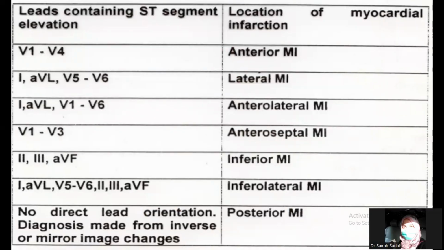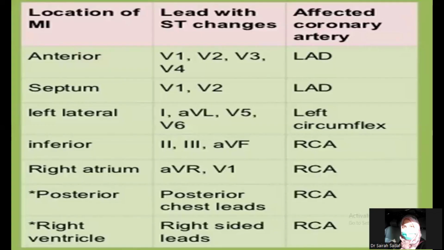But again, just a little repetition of which lead will represent which side of the cardiac activity. You can take a screenshot of it. Now, this is LAD. This is not left axis deviation.